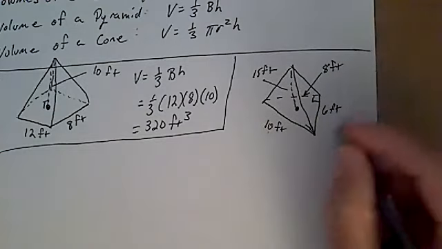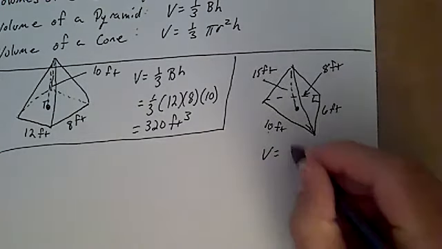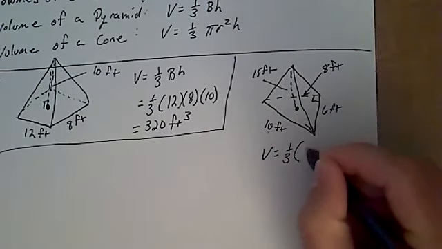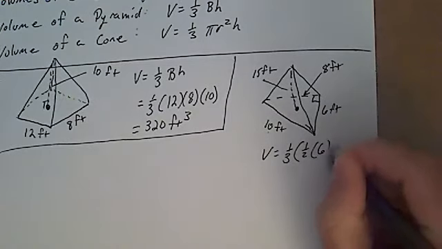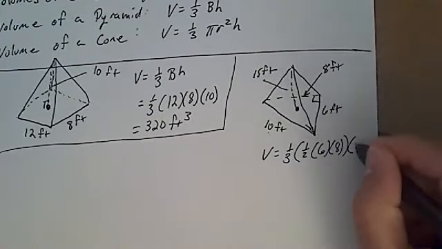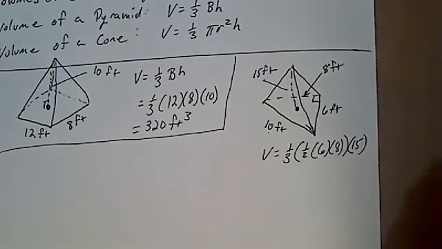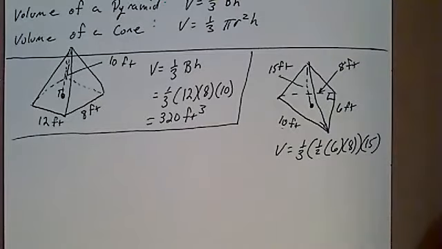So we have the volume here is 1/3, the area of the base is 1/2 times 6 times 8, times the height of 15. So notice, just because there's a 10 in here does not mean that we use the 10, right?